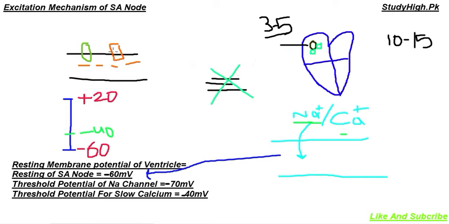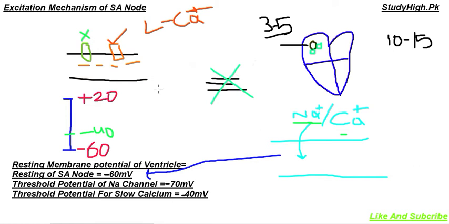It is only the calcium channels. So fast sodium channels have no role in conduction of action potential. It is only the L-type calcium channels that are involved in generation of action potential in the SA node. These two things you must remember. This will help you in understanding the discussion in our coming lectures.